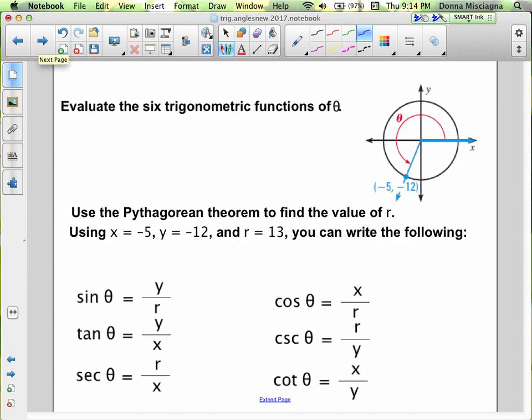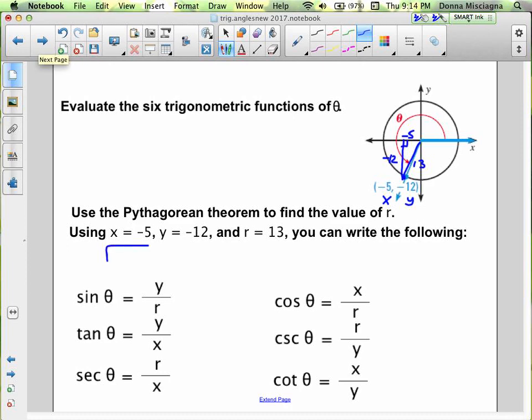Remember we draw our triangle, goes from the origin to the point, and from the point to the x, right? Not the y, but the x. Go up or down. So negative 5 is the x, y is negative 12, and the hypotenuse is 13. And this one didn't have the distance formula on it. I probably erased it, but that's okay.